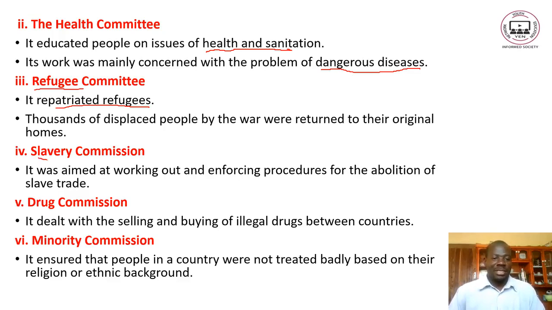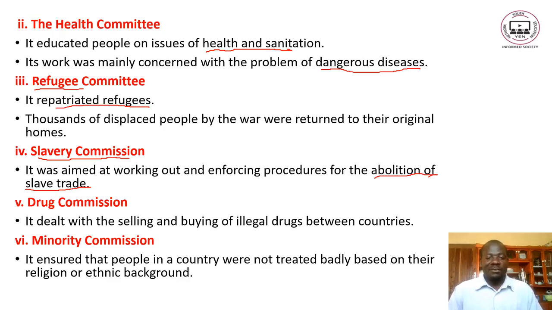And there was also the Slavery Committee. This one, the Slavery Commission, was working on issues of completely abolishing the slave trade. You know, by the 1870s, 1880s, the slave trade was closed. Most of the markets were closed.